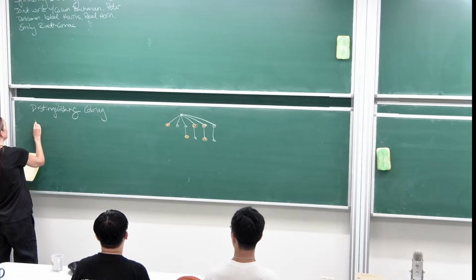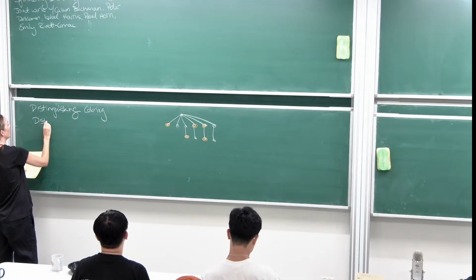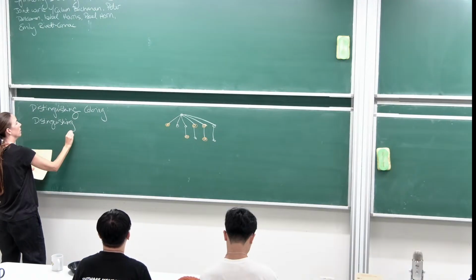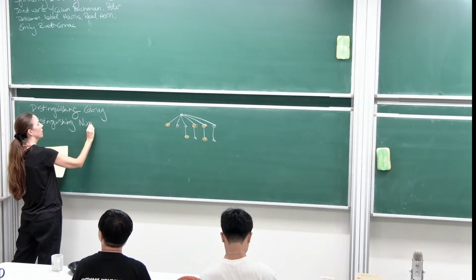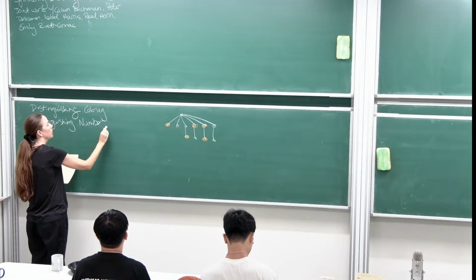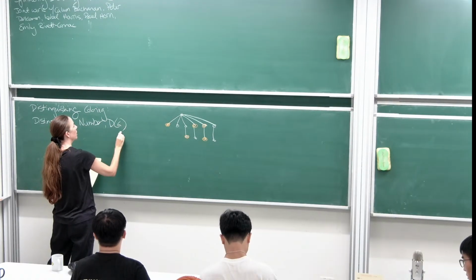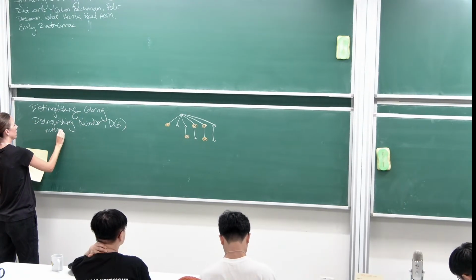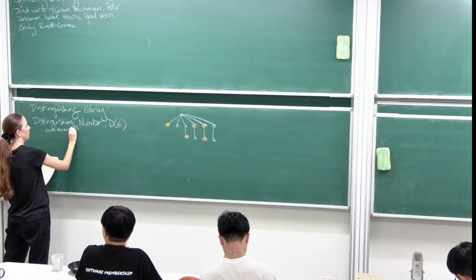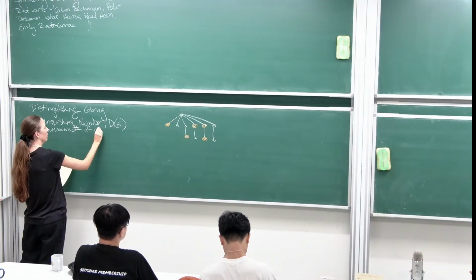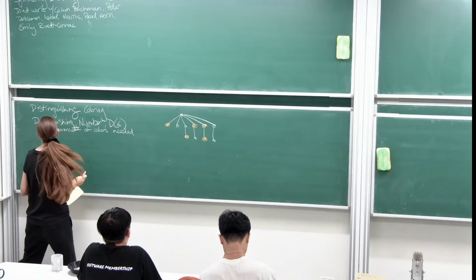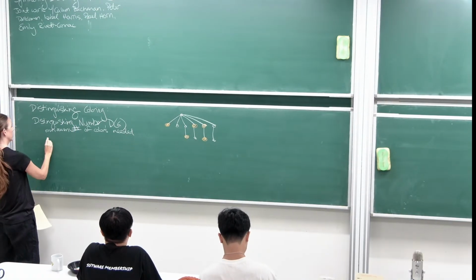For any graph, I'll say that the distinguishing number, which I'll denote by D of G, is the minimum number of colors needed for a distinguishing coloring.